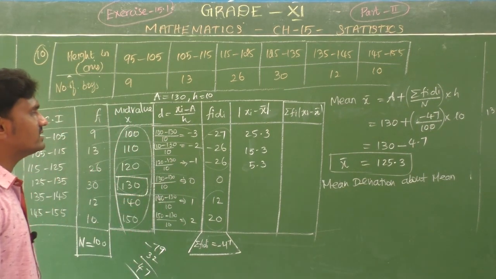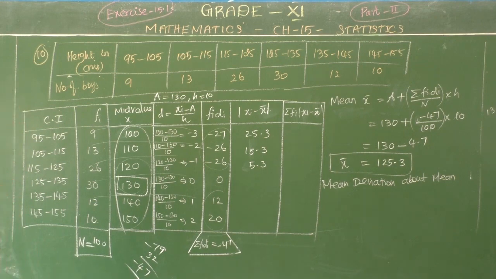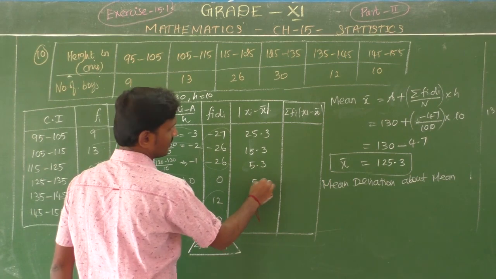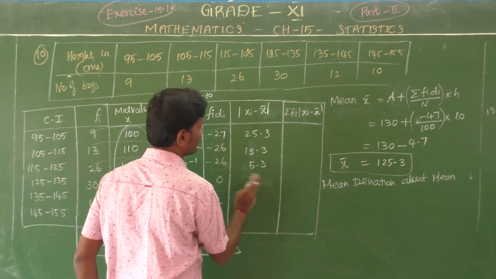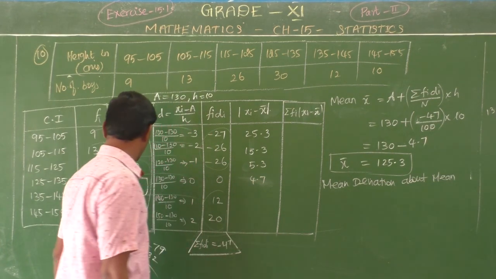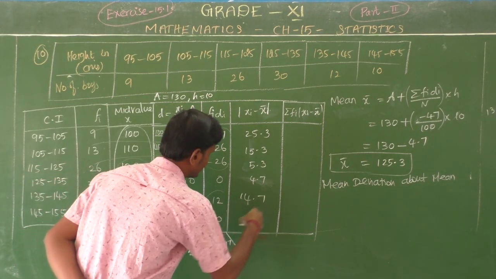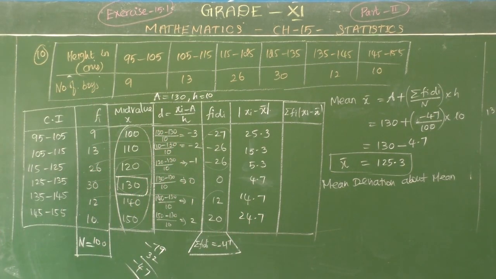Then 130 minus 125.3 is 4.7. Then 140 minus 125.3 is 14.7. Then 150 minus 125.3 is 24.7. That's all. Have you got it?